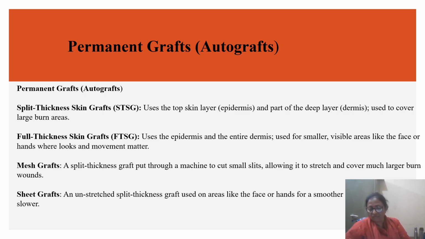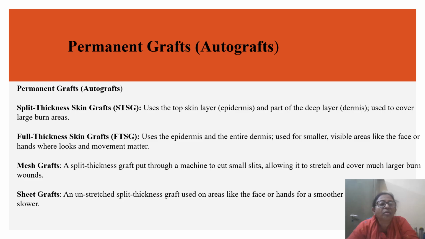Then sheet graft: when a skin graft is applied to a recipient bed without any alteration following harvesting from the donor site, it is called a sheet graft. Face, neck and hands are covered with this type of graft for optimal cosmetics and function.